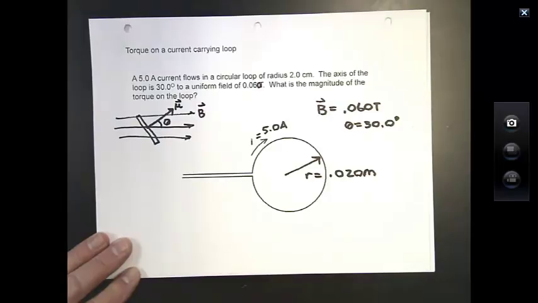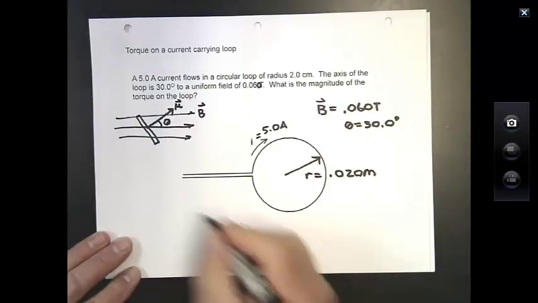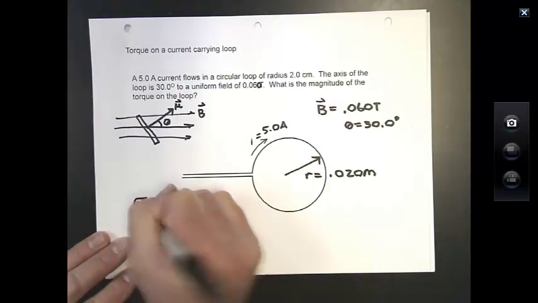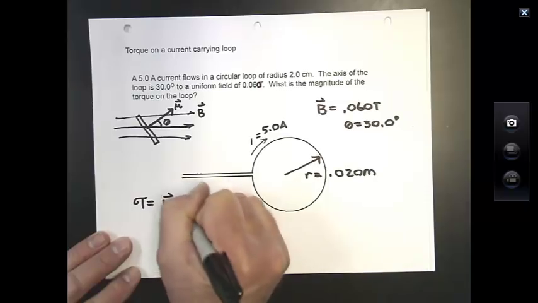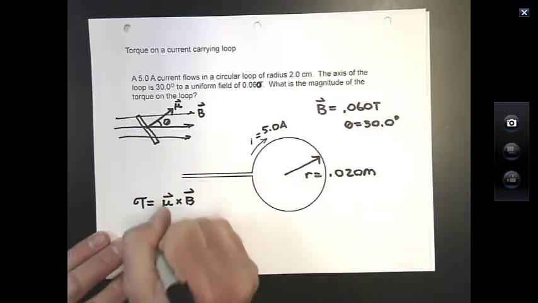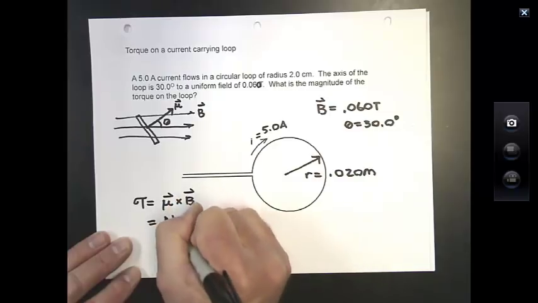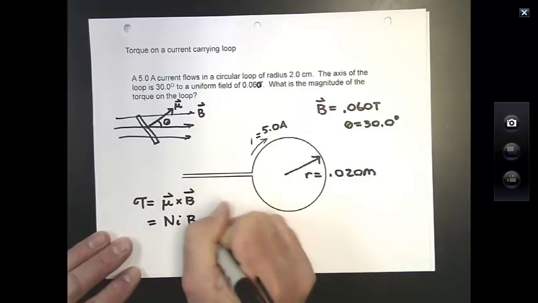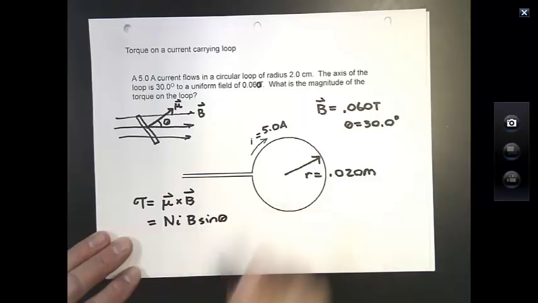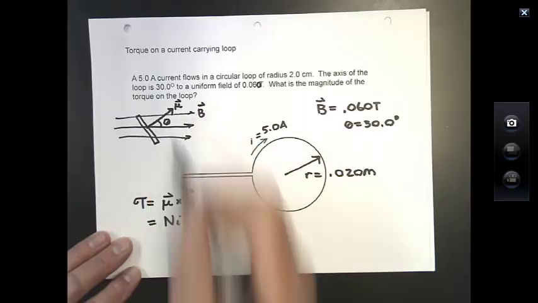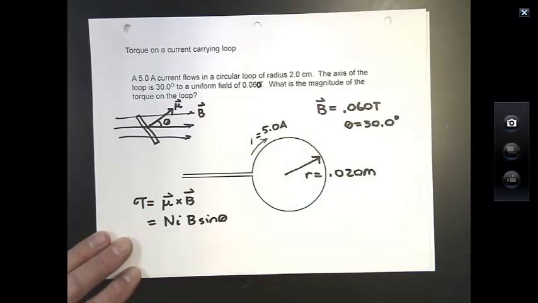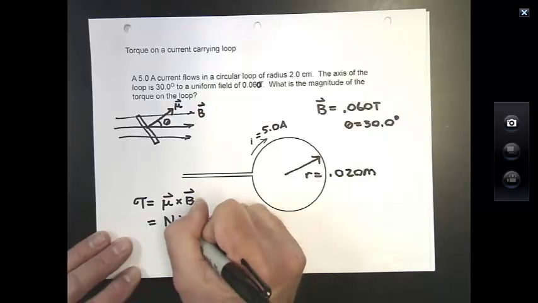All right. So we know the torque on this is mu cross B, or much easier to deal with is NIB times the sine of theta, the angle between mu and B. And I forgot the current, sorry about that.